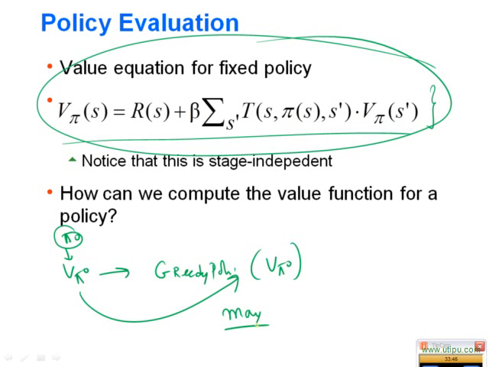There's a sneaky thing going on here. If you are focusing on pi 0 becoming pi 1 becoming pi 2, I suggest you focus on v0 becoming v1 becoming v2. If you ignore the pi's, v0 becoming v1 becoming v2 is a Bellman update. That's the thing you want to convince yourself of. It's like pi 0, v0, pi 1, v1, pi 2, v2.